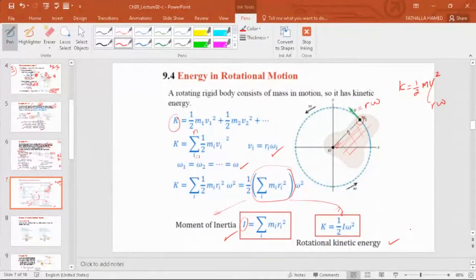In the previous slides, we looked at angular parameters, theta, omega, and alpha, and how they are related to linear quantities like distance, speed, and acceleration. Is this clear? Any question on this?